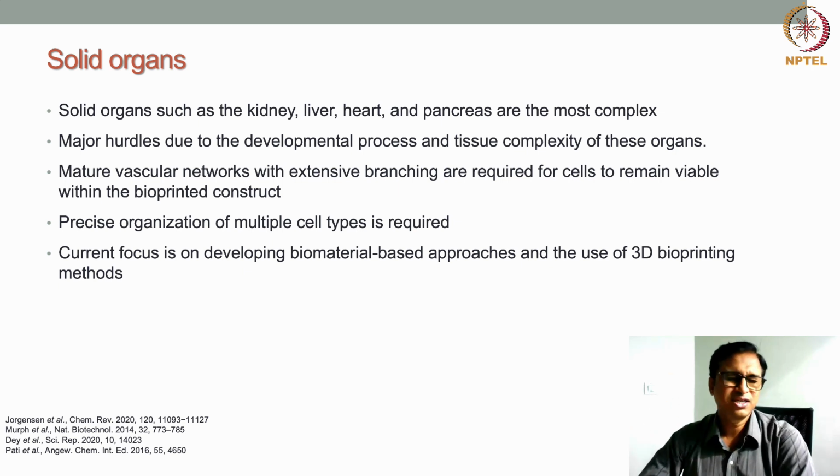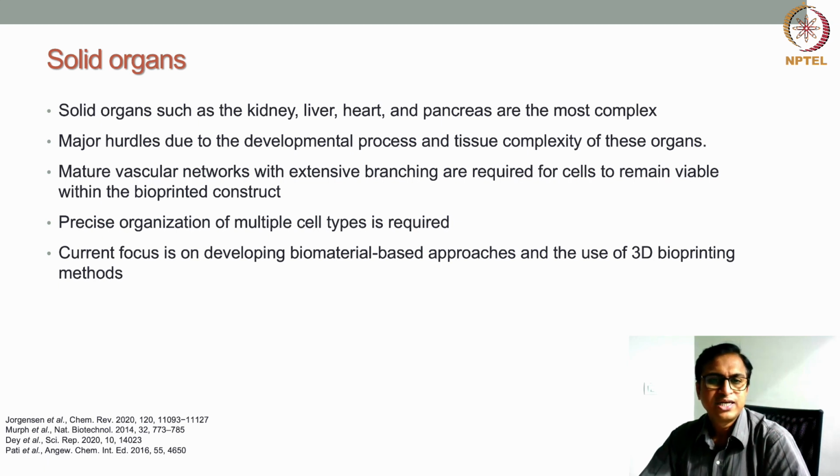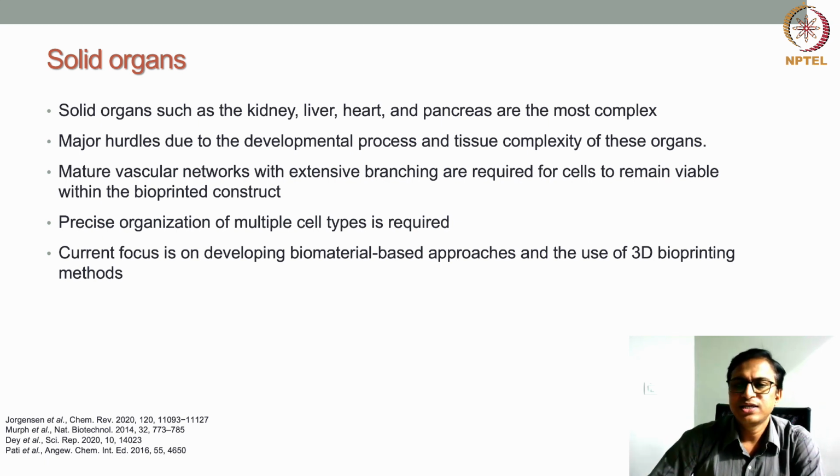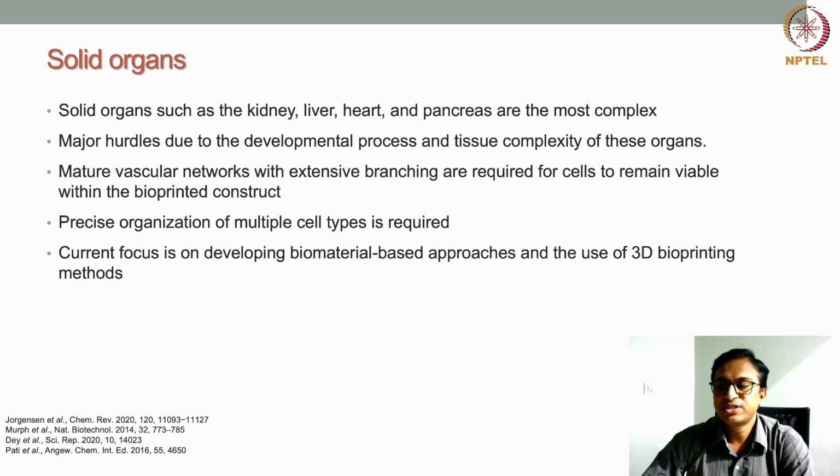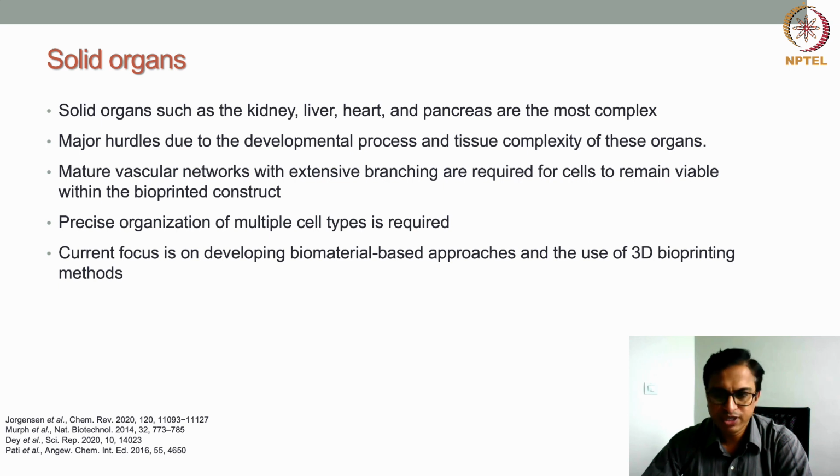There are major hurdles due to the developmental process and tissue complexity of these organs, and it is very difficult to reproduce them. These organs have a very high metabolic requirement, so their oxygen demand and other needs are also very high.